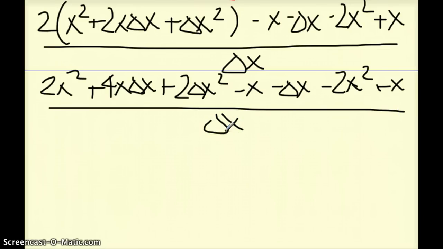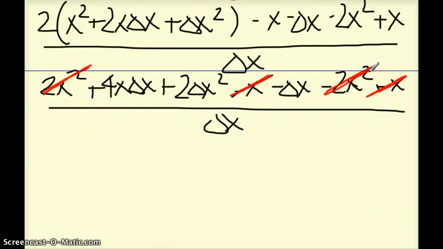So I was saying that we need to make things simpler. Well, right now it doesn't look so simple, but if we start to collect our like terms, this minus x, let me use another color, this minus x is going to cancel out with this plus x. This 2x squared is going to cancel out with this negative 2x squared.